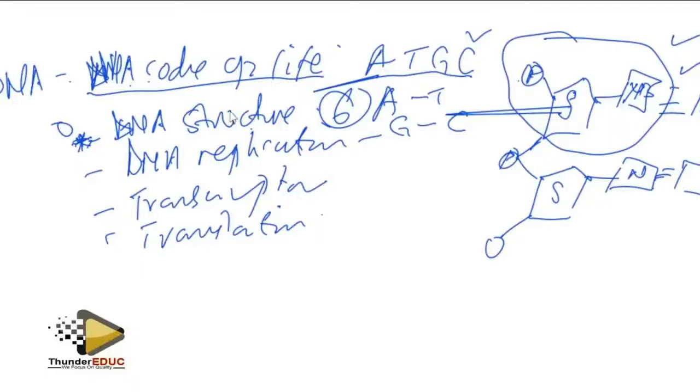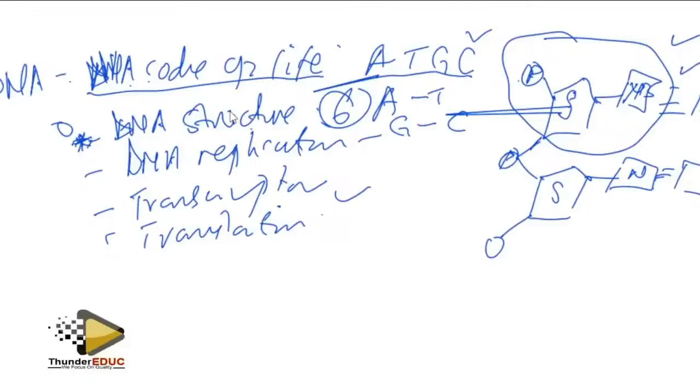All right. Then, transcription. Transcription, you must also know it: the DNA double helix unwinds, weak hydrogen bonds break to form two separate strands. Now, one strand acts as a template. You have to know that.